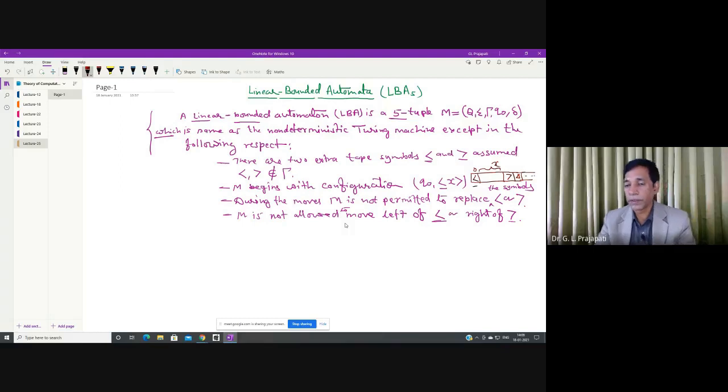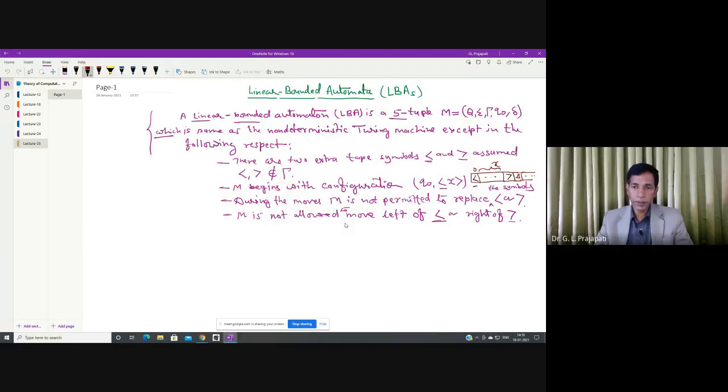This is the start configuration. Your input is here, and these are the squares containing exactly one symbol of the input. So this is the initial configuration.